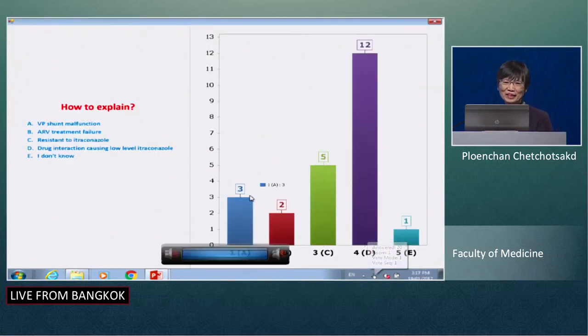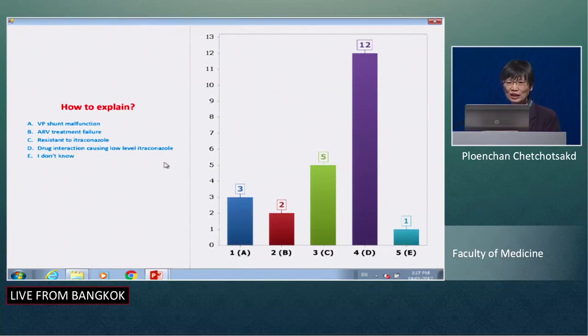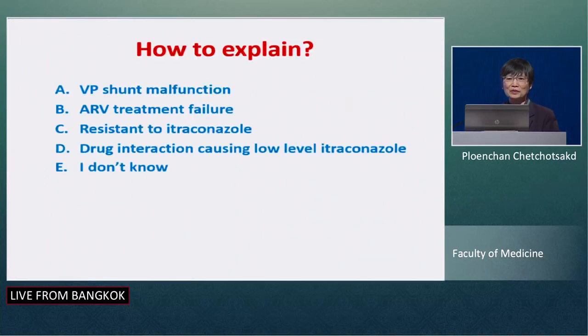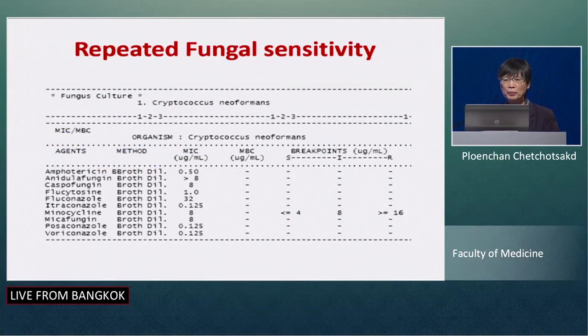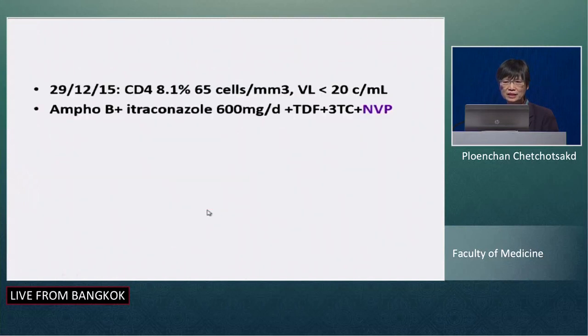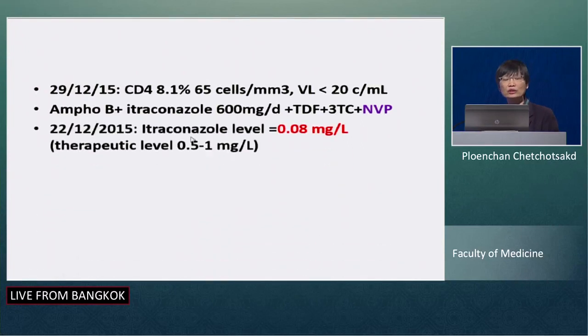Okay, so most of you said that it's the drug interaction causing low level of itraconazole. We repeated the fungal sensitivity again, and the itraconazole MIC is the same, very low. So we did the CD4 and viral load. The viral load is still suppressed. Then we gave him another course of amphotericin B with itraconazole 400 milligrams with the same antiretroviral regimen, and then we checked the itraconazole level.